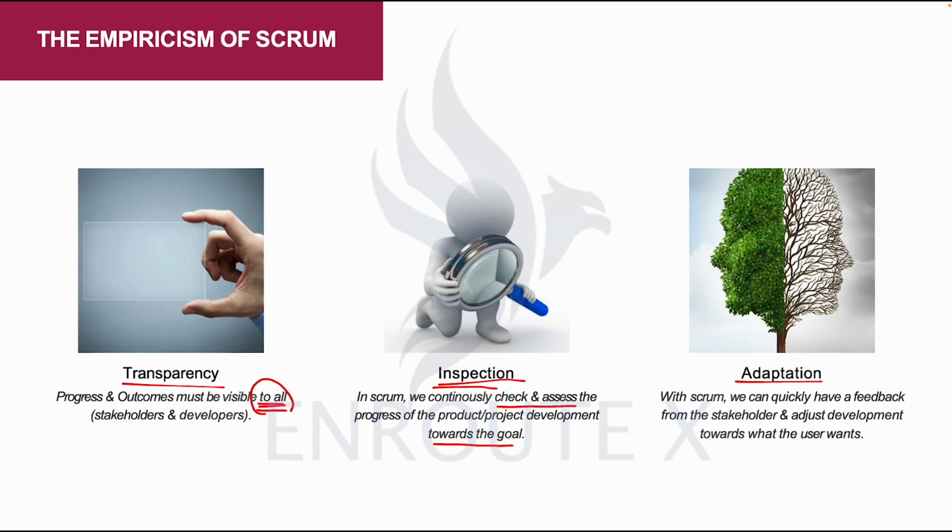What do you do? You take that feedback back into the product backlog. Remember, in the first lesson, I mentioned that the product backlog is the list of work items to be worked on that would deliver the product.